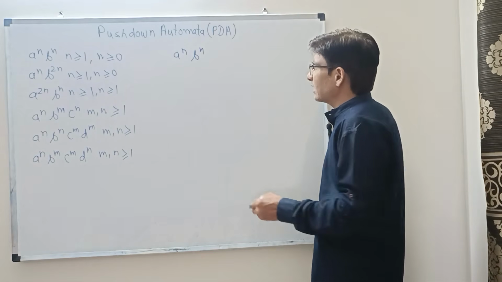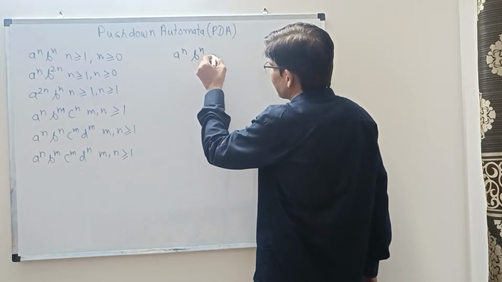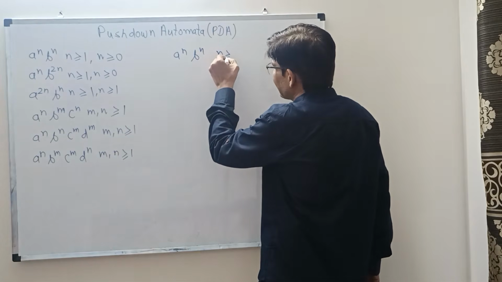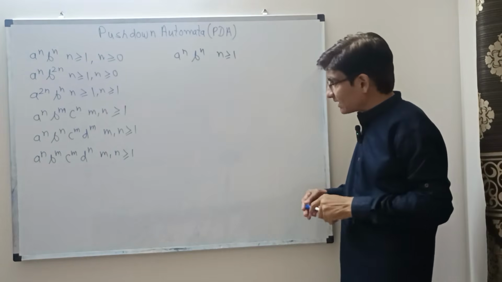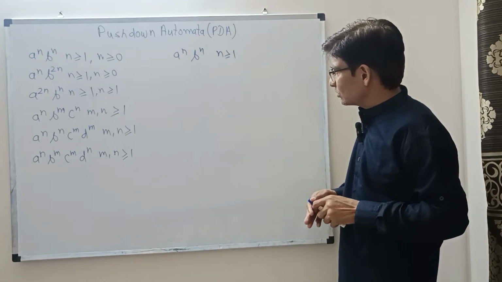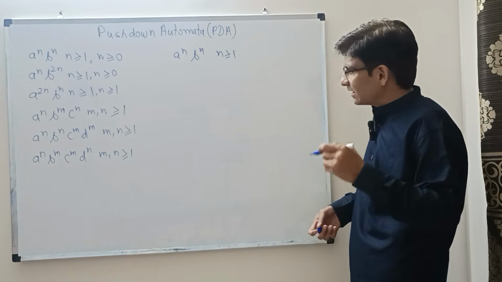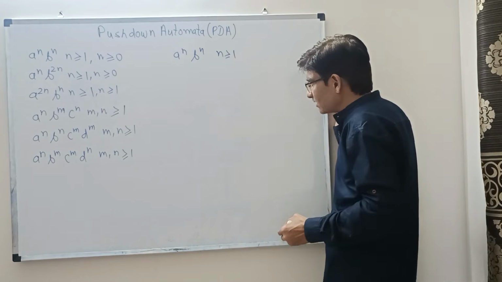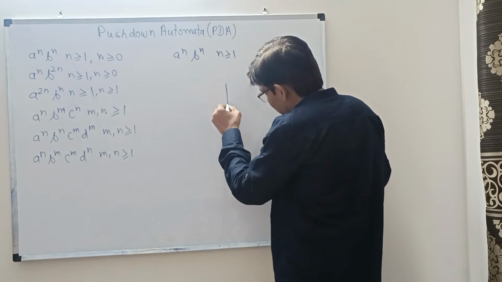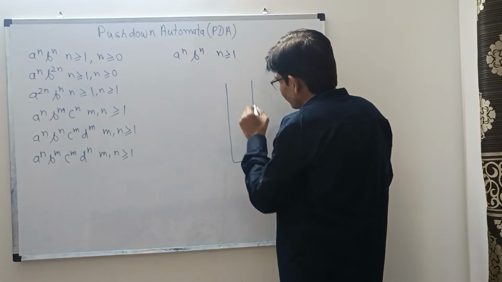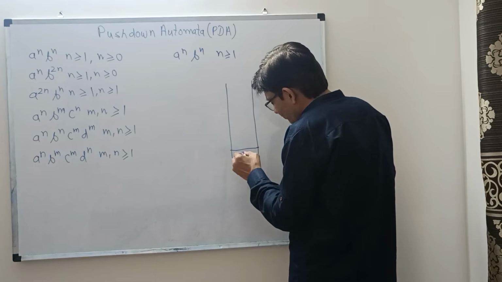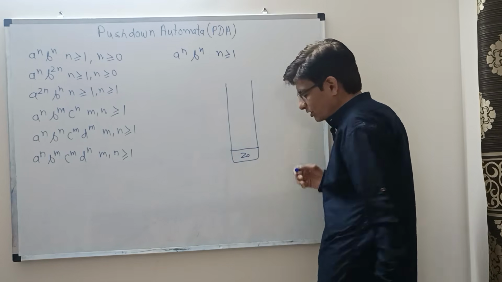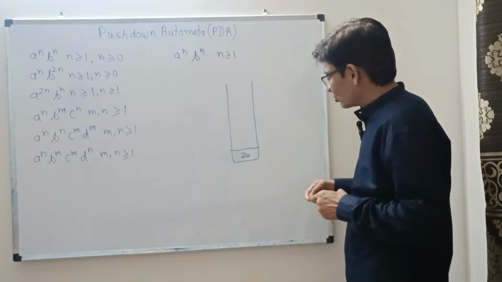So I will start with a^n b^n, where n is greater than or equal to 1. First I will tell you the idea for this particular language, and then we will start creating transitions. So I will tell you how we will implement this. Initially there would be Z0, as I told you, Z0 is the initial stack symbol.